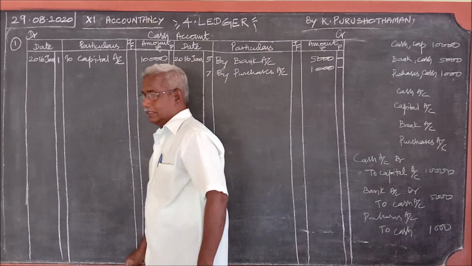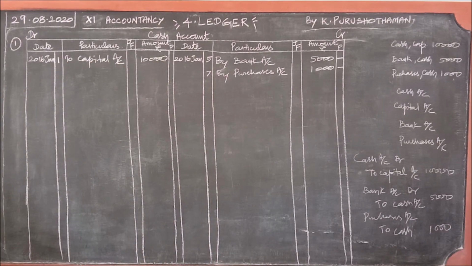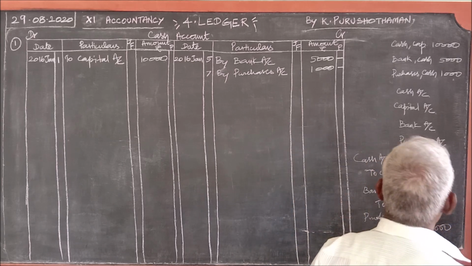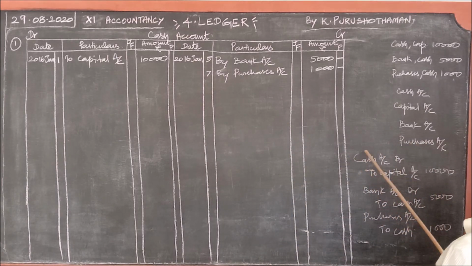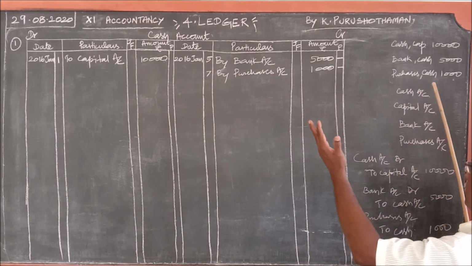Before closing this lecture, I repeat once again what you should remember and what you should write. See, once you are given some transactions, you are passing journal entries. These are the 3 journal entries. We have done in the correct format already.